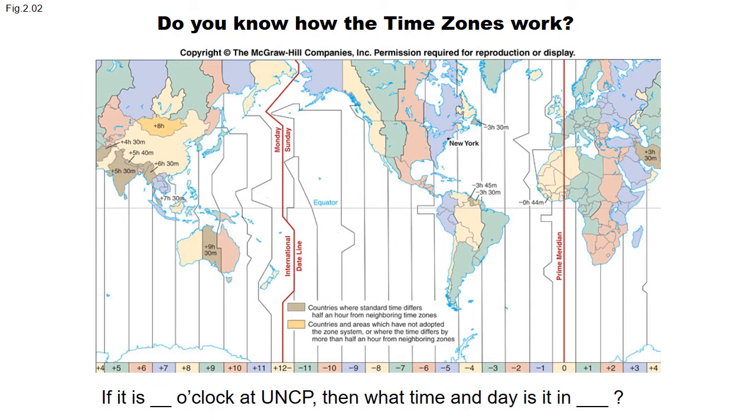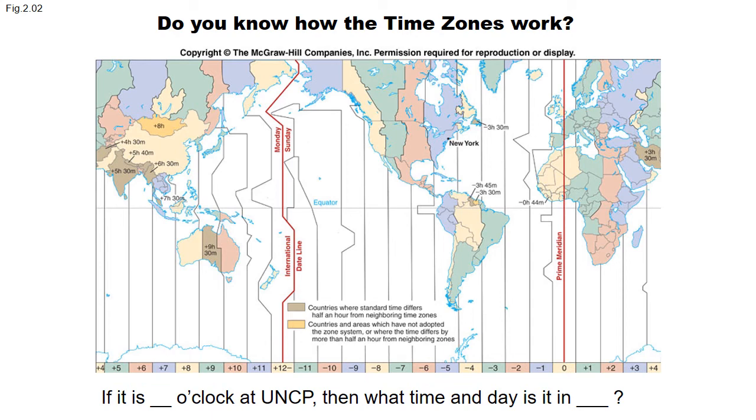So that's what each one of these lines represents. That's a 15-degree swath. It straddles the Prime Meridian, so you have 7.5 degrees on one side, 7.5 degrees on the other side, and then after that, it's every 15 degrees. You have a different time zone. Well, how does it work?